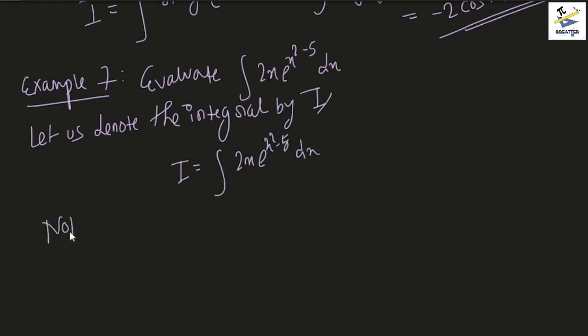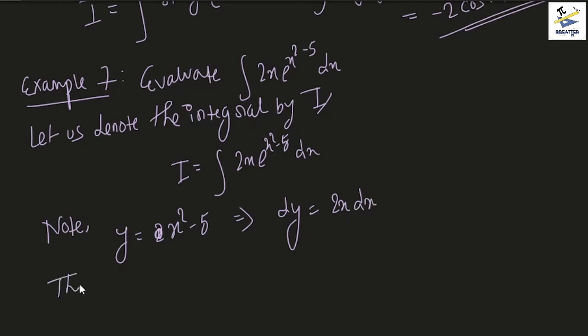Note that now again in this integral we are trying to see that since the derivative of x square minus 5 is just 2x, what we can do is let y equal x square minus 5, which should give us dy is equal to 2x dx, right?